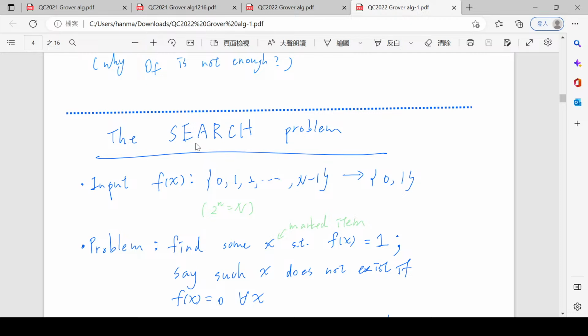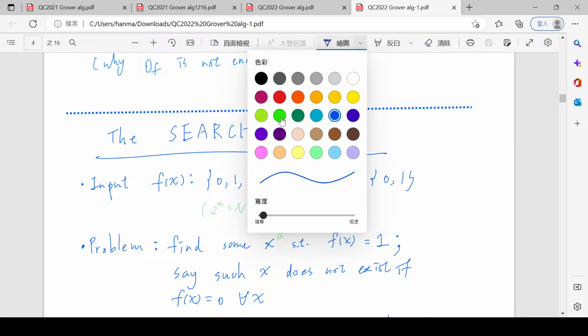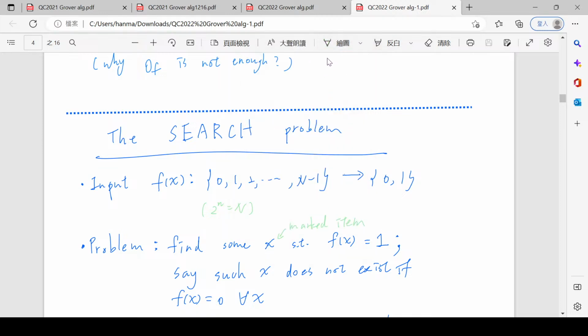So the search problem, and the input, as we said, is a binary function. So the input is this whole function f, the function f(x). And as we said, there is a small n bit input string, but for convenience, we just write this domain as 0, 1 to big N minus 1. Okay, so big N is 2 to the small n.